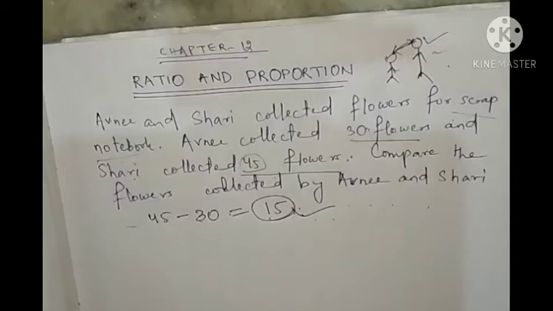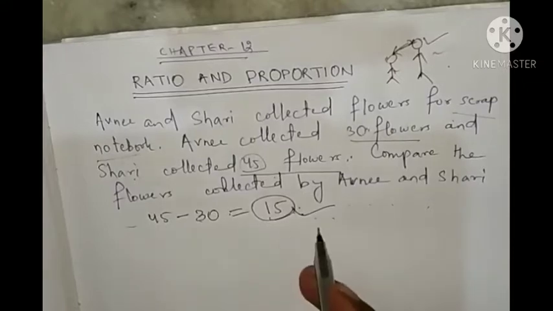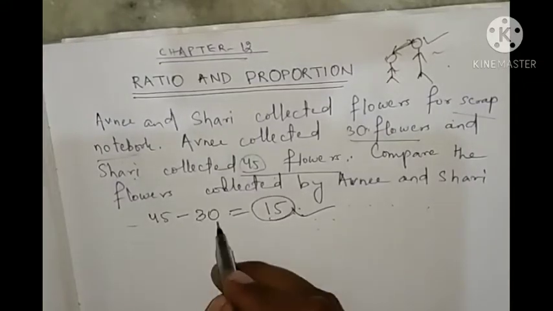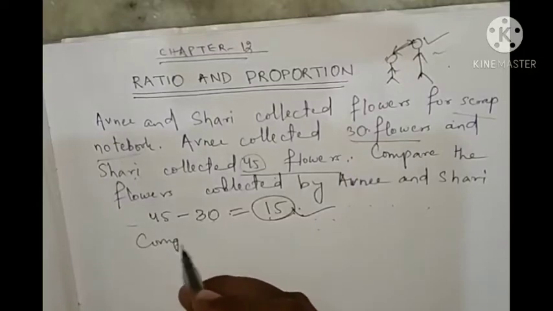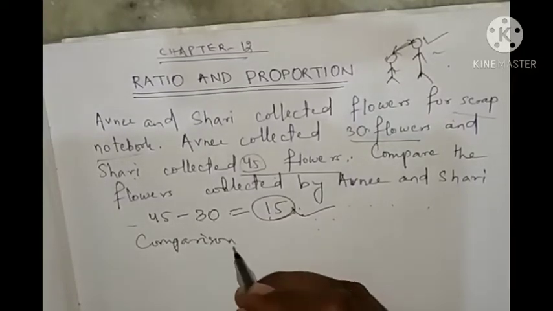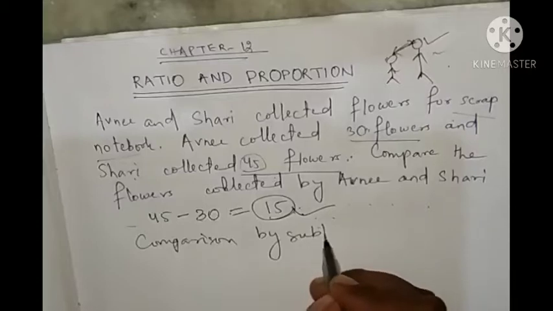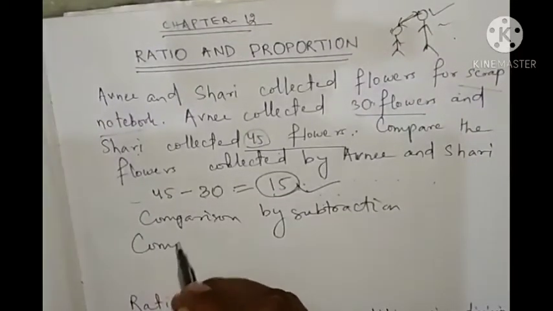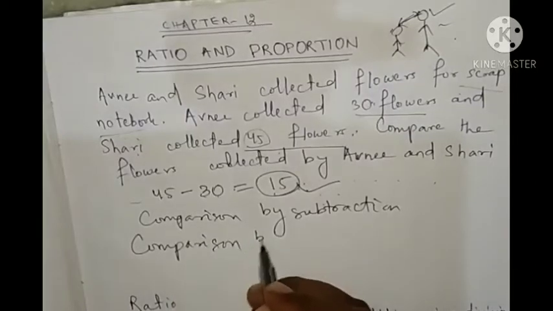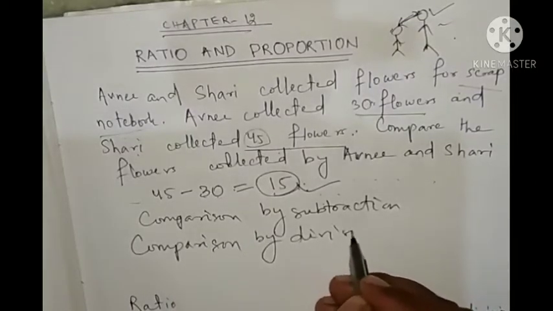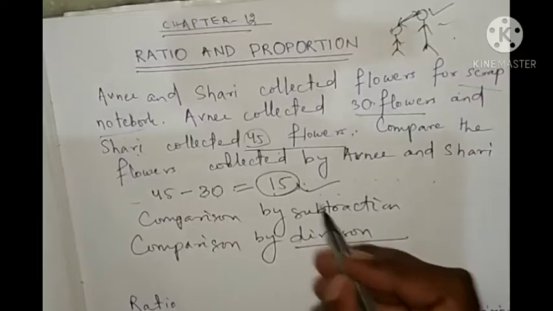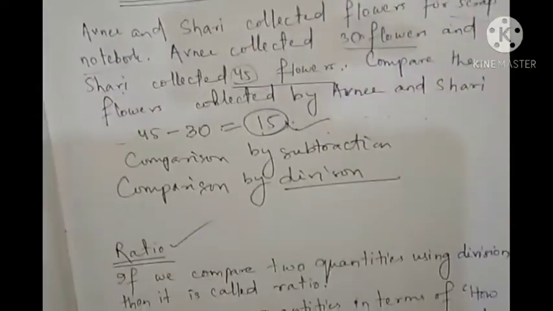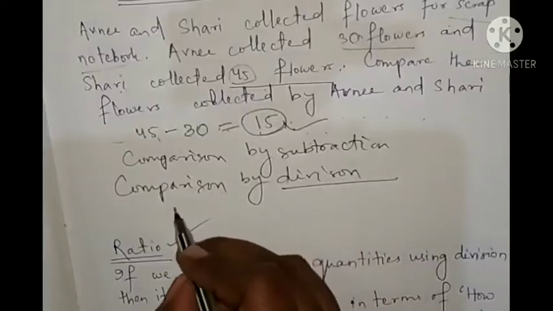But there is one more way to do comparison. By division also we can compare. This comparison is by subtraction, but there is one way to do comparison by division. That comparison by division is known as ratio. So look at here, 45, 30.